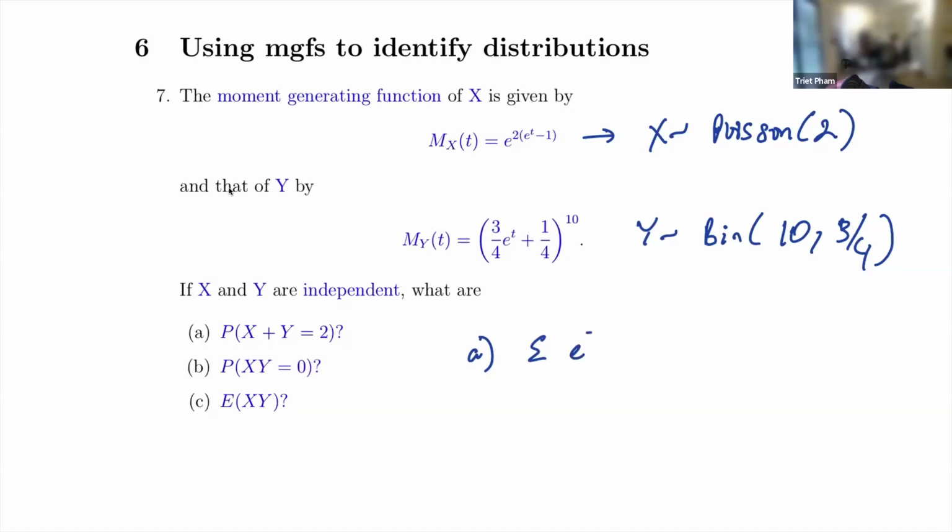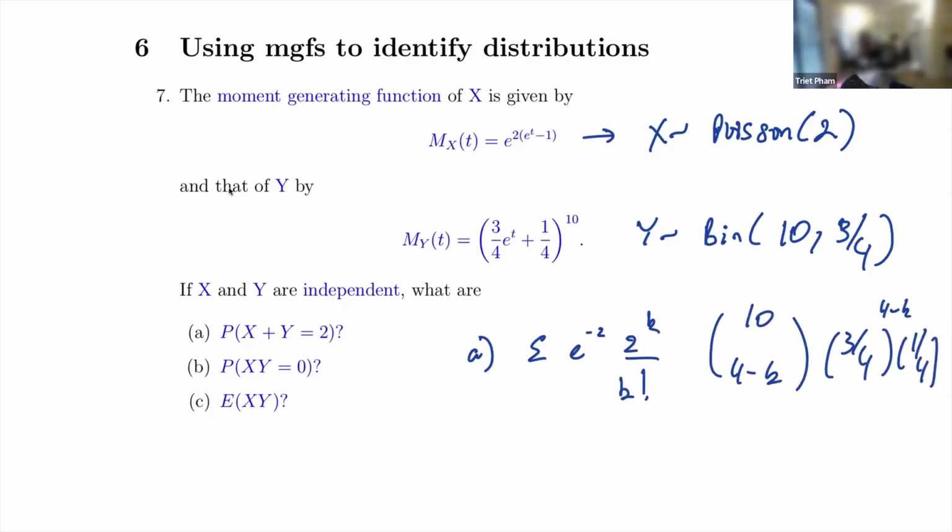It is e to the minus 2, 2 to the k over k factorial, and then 10 choose 2 minus k, 3/4 to the 2 minus k, and 1/4 to the 10 minus 2 minus k, and then sum k from 0 to 2. Because basically, if the Poisson takes on value k, then the binomial takes on the value 2 minus k. Any question about this?